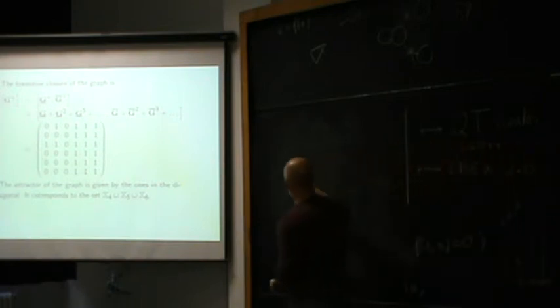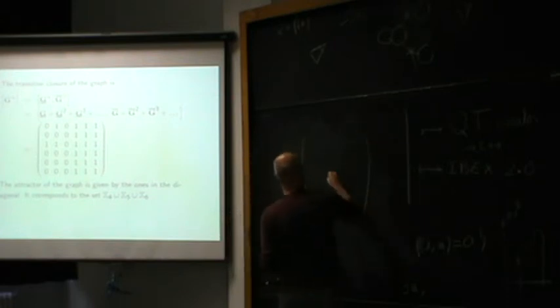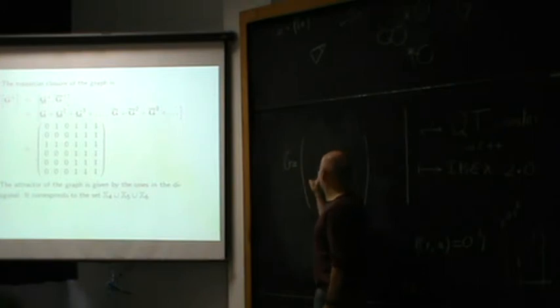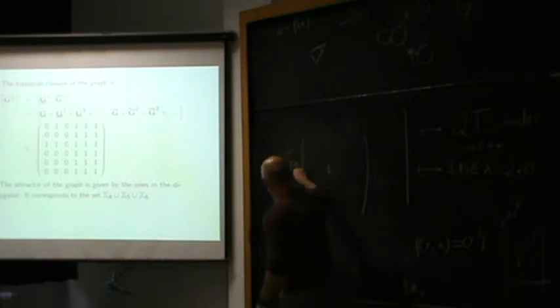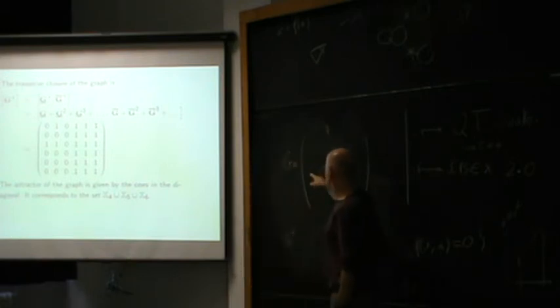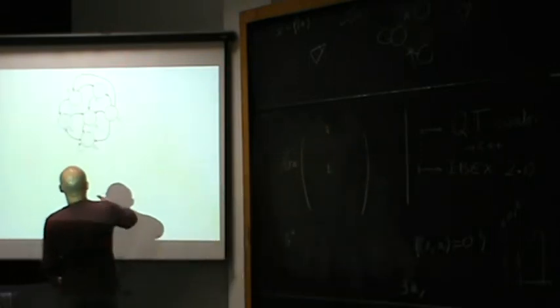If I take a graph and I represent it by a matrix, if I have a 1, it means that there is a path of length 1 between node E and node G. If I take G squared, it corresponds to paths of length 2, going through two nodes.